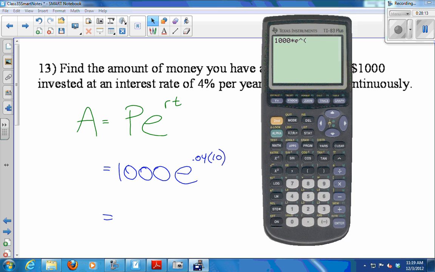Or I could just type it in, and just because it's in parentheses, the calculator will do that first. It will multiply 0.04 times 10, then it'll do the exponent, then it'll do the multiplication, because your calculator knows the order of operations. So enter, I get $1,491.82.